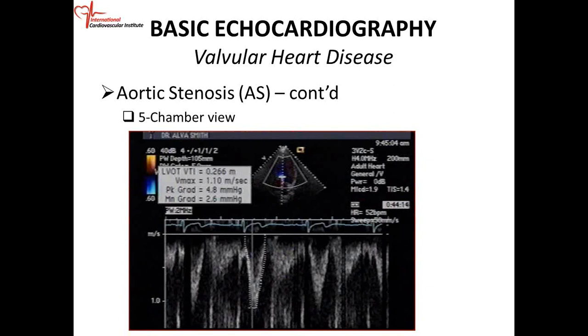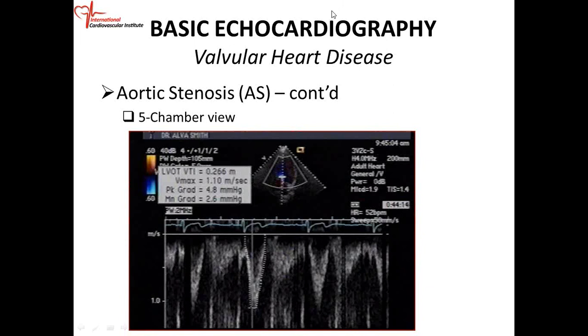Remember when we did hemodynamics, we developed a number of concepts. One of the concepts that we developed was stroke volume. When we talk about stroke volume, it's the volume of blood that the ventricles pump out per beat. And if you remember, that is equal to 0.785 times D squared times VTI.